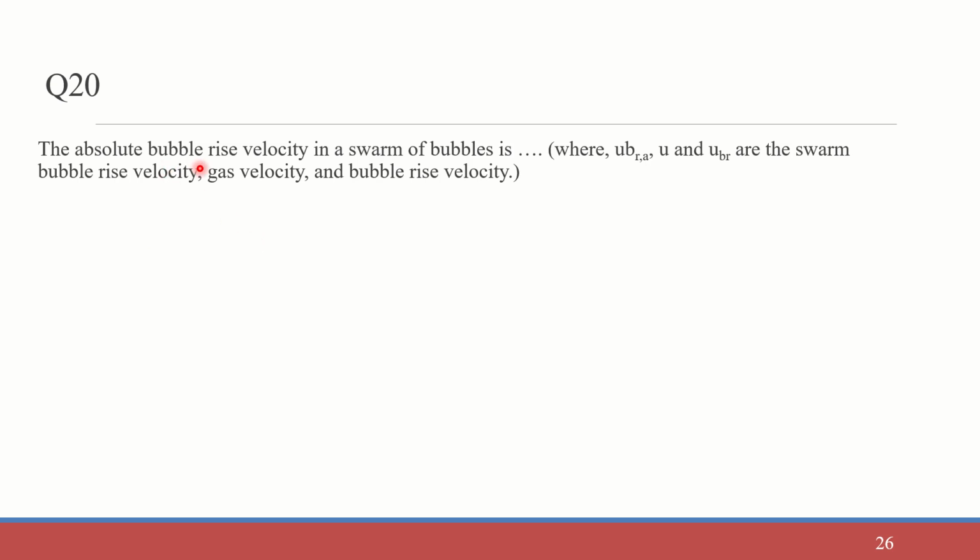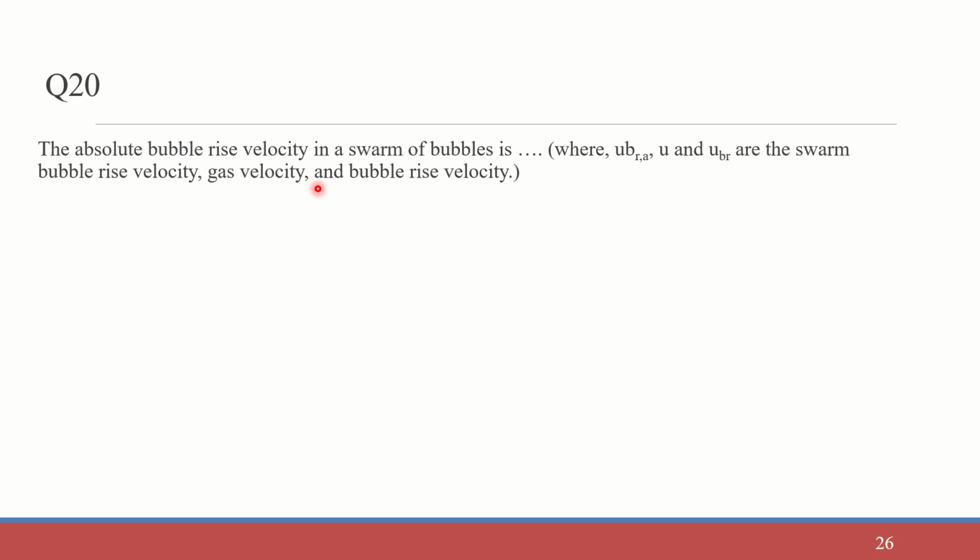Question 20, it is about the absolute bubble rise velocity in a swarm of bubbles is dash, where UBRA, U and UBR are the swarm bubble rise velocity, gas velocity and bubble rise velocity.